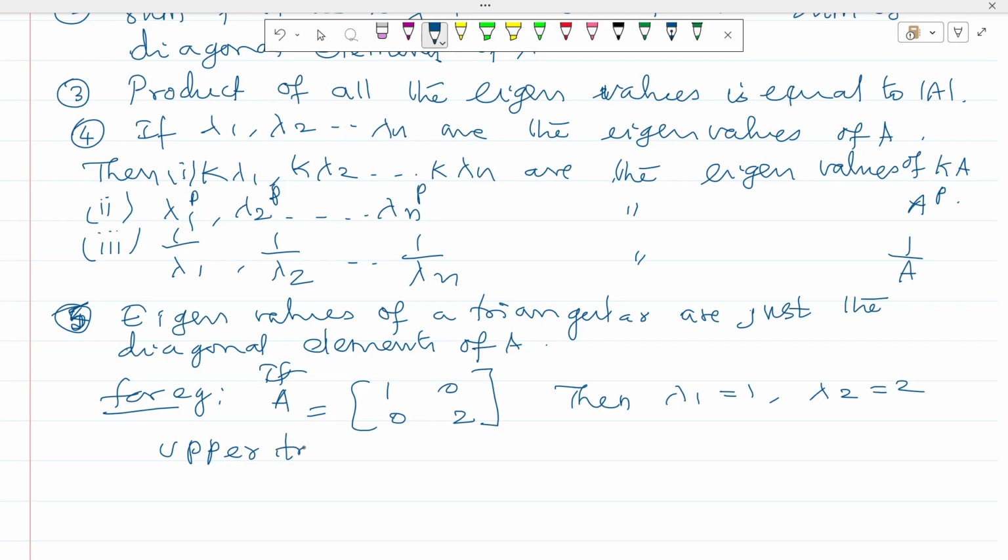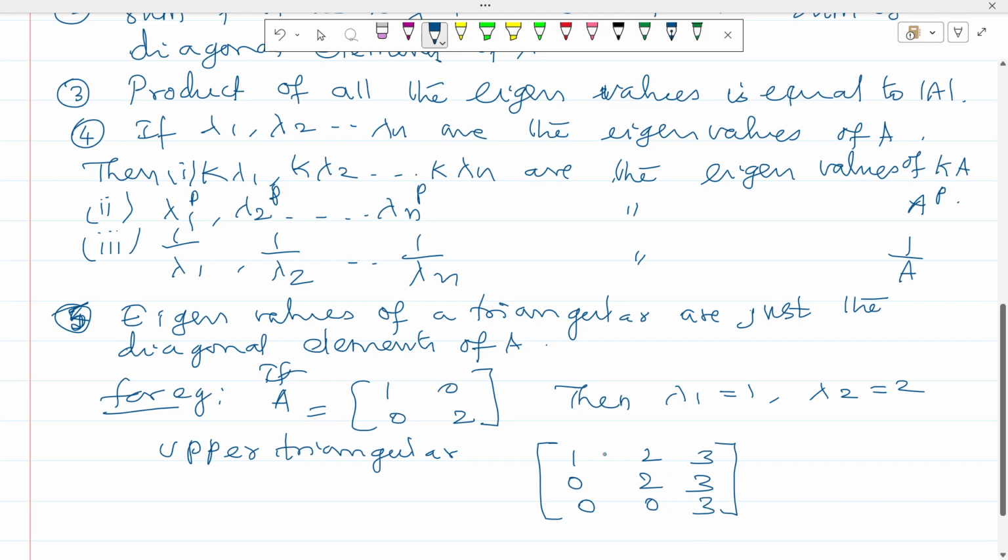What is meant by upper triangular? Below the diagonal, all the elements are 0. For example, 1 2 3, 0 2 3, 0 0 3.